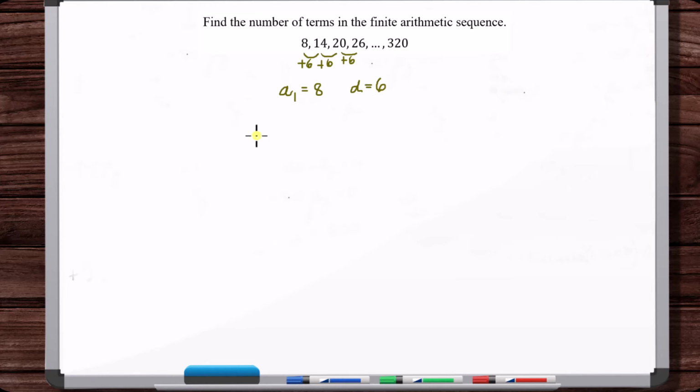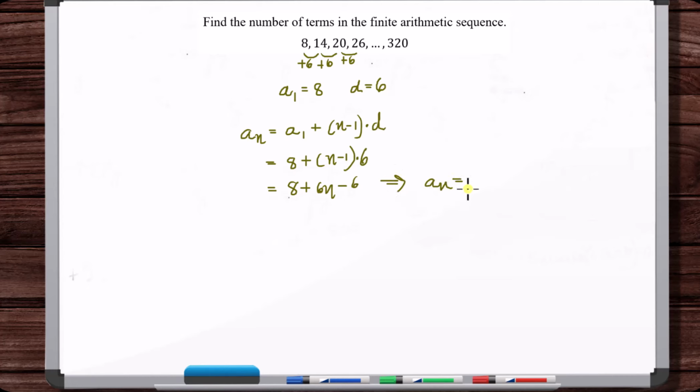Let's write the formula: A sub n is equal to A1 plus n minus 1 times D, so 8 plus n minus 1 times 6.